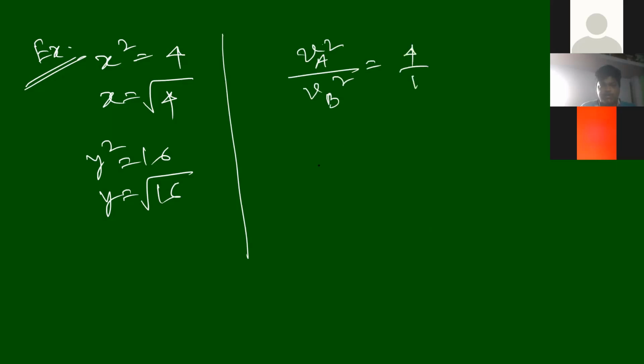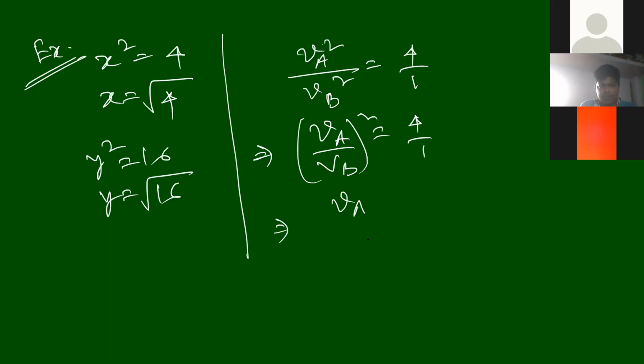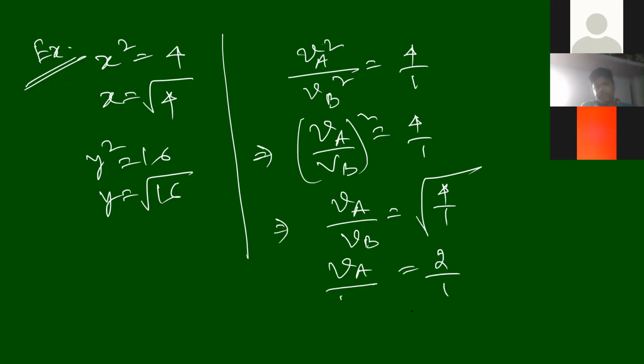So V of A upon V of B, that whole square, equals 4 by 1. Oh, sorry. So V of A upon V of B will be equal to root over 4 by 1, that is 2 is to 1. V of A by V of B is 2 is to 1, you can say. Oh, that V is not written perfectly. Yeah, that is V of B. All right.